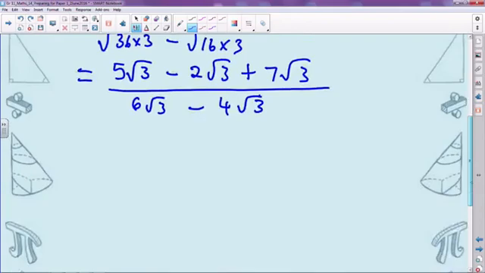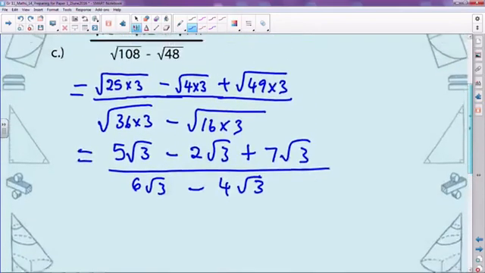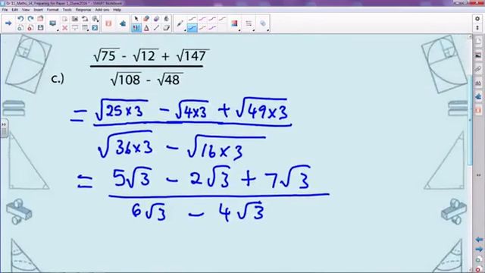Now, if you just press the whole thing in the calculator and it gives you an answer, then we can easily tell that you have used your calculator.